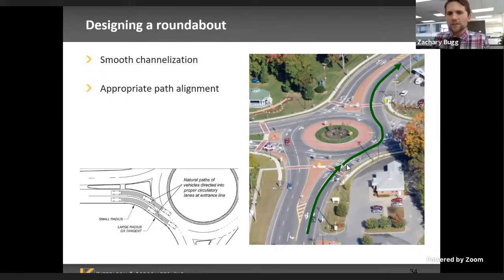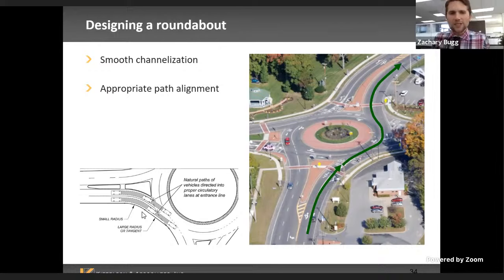Thinking about two vehicles side by side, if the vehicle that enters the roundabout is not aligned properly with the downstream lane in the circulatory roadway, and this is a design error, not a user error, then the vehicle in the right lane can end up cutting off the vehicle in the left lane. So you have a lot of sideswipe crashes, or people just stop using the inside lane altogether, and then you lose the benefit of additional lanes.